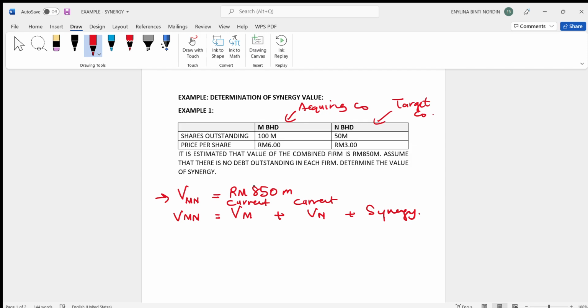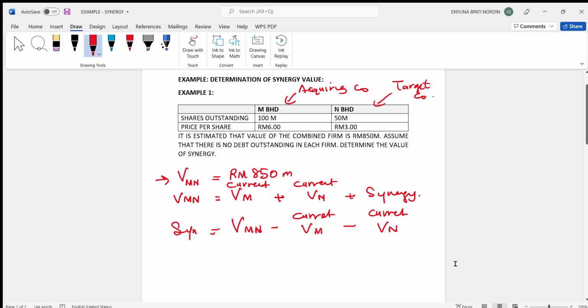This is what we want to find out, so we just rearrange the formula. Synergy equals the value of the combined firm, minus the current value of M, minus the current value of N. So how are we going to find out the current value of each firm? Here we have to go back to the basic formula.